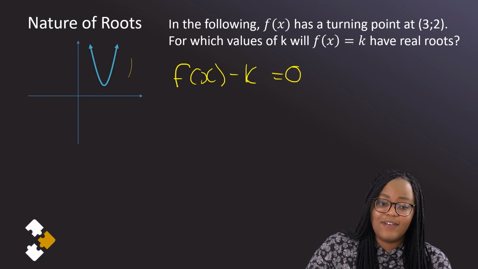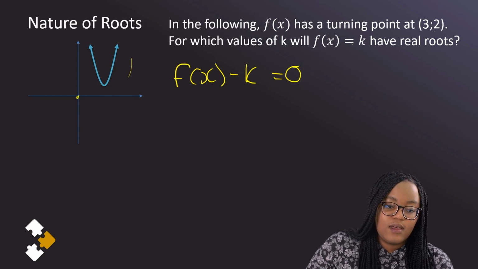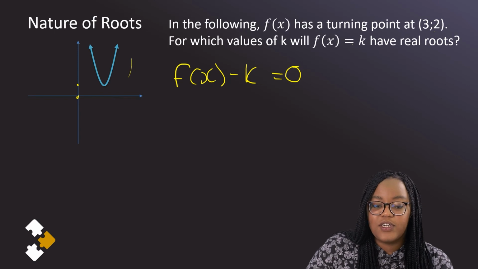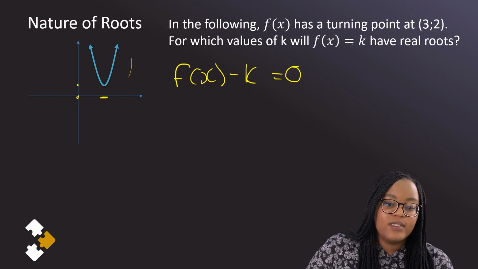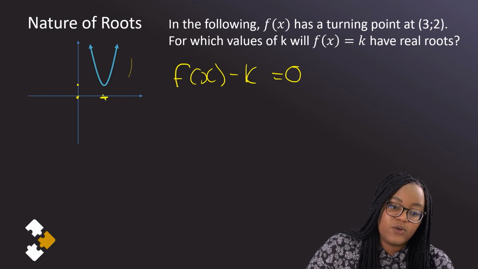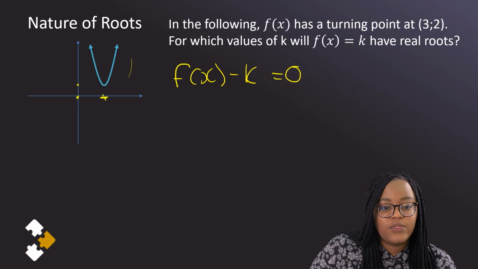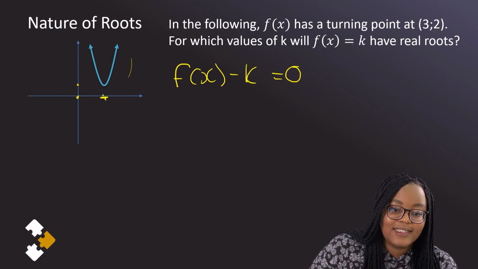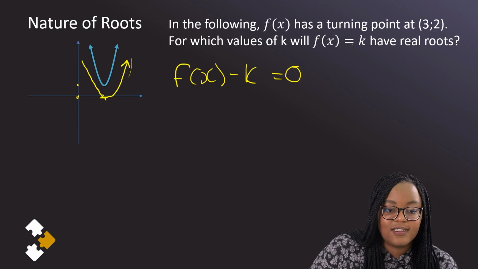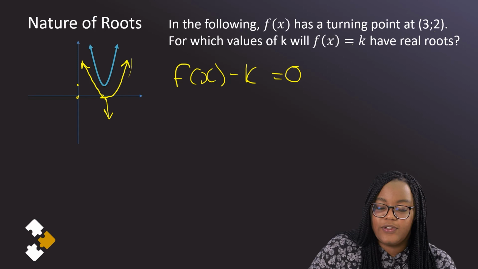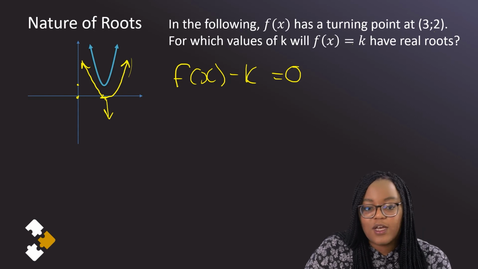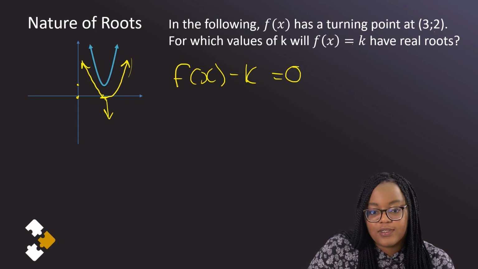In the existing function, the turning point of our function is 2 units above the x-axis. We want this to either intercept directly with the x-axis at one point or at multiple points, which means that this function needs to be translated to meet this axis. Although any translation that is further than 2 units down would also serve the purpose of giving this function real roots.